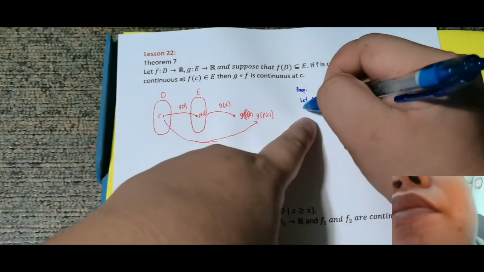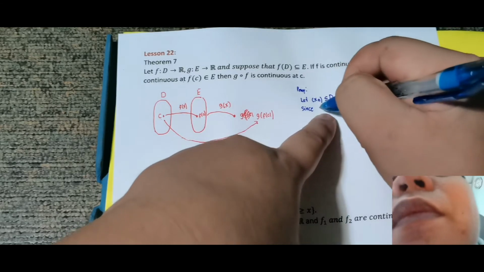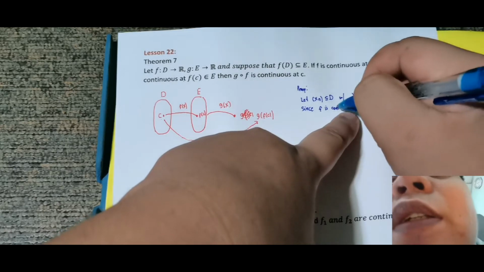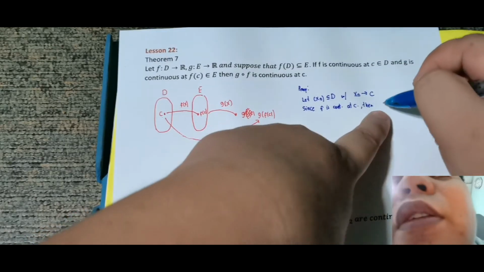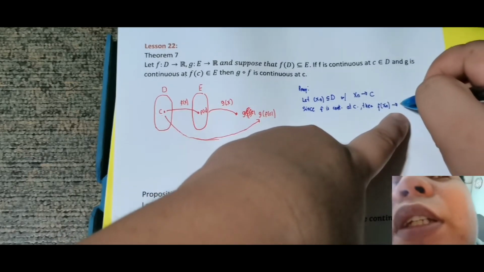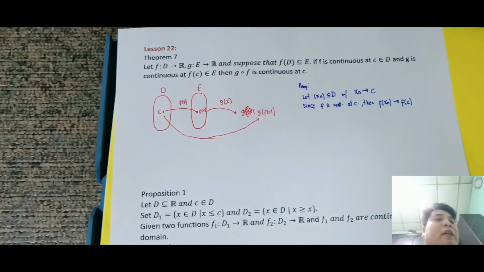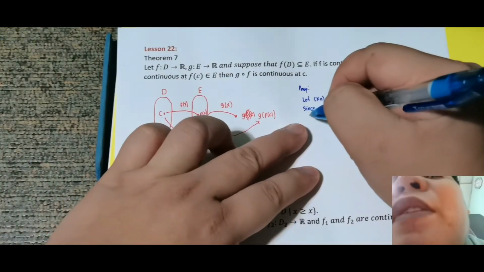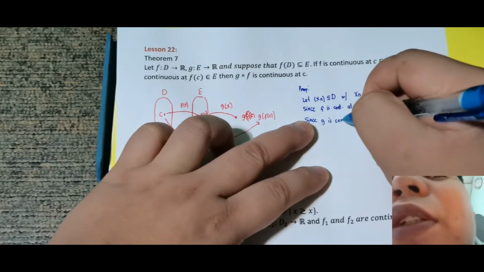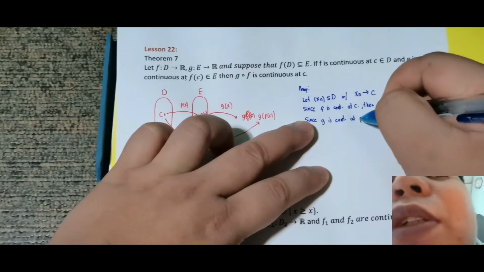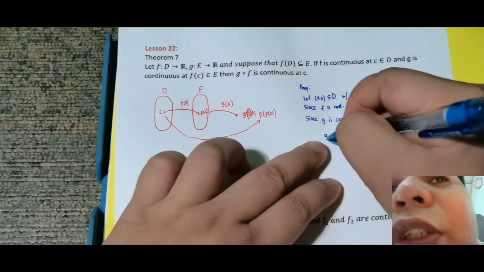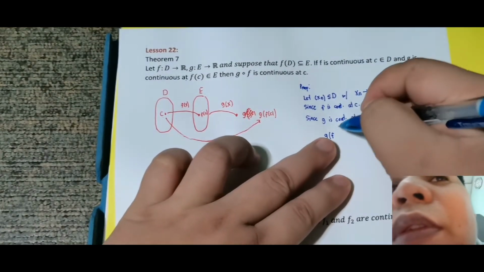So since f is continuous at C, then by definition natin, f of x sub n approaches f of C. Okay, then since g is continuous at f of C, so pwede natin gawin yan. So pwede natin gawin to, yung g of f of x sub n.